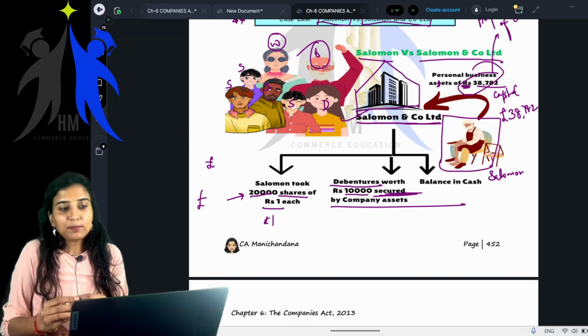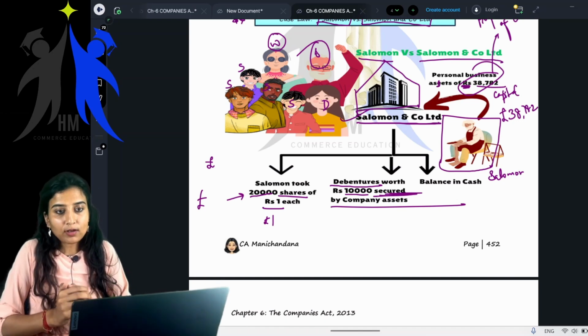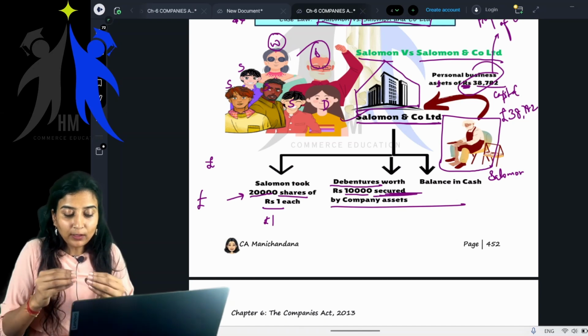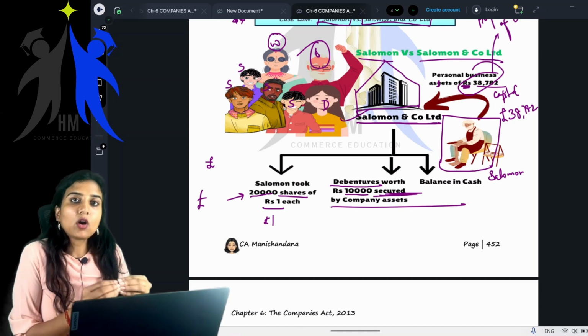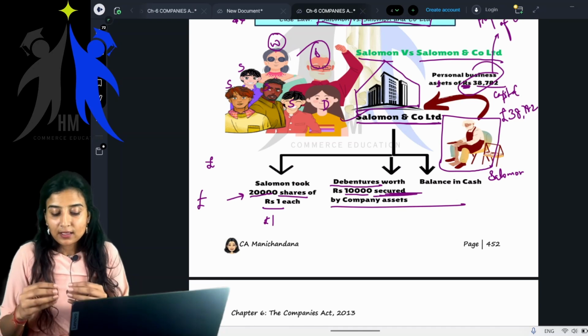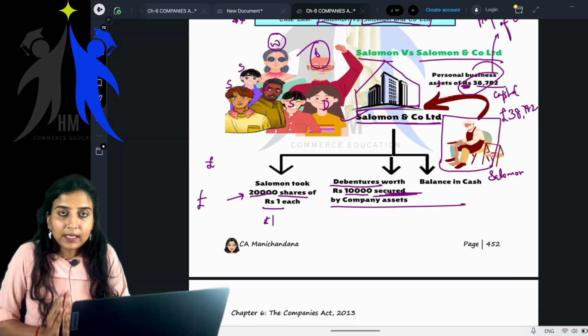So loans can be secured or unsecured. What do you mean by secured debentures? It means that the loan is secured by the assets of the company.